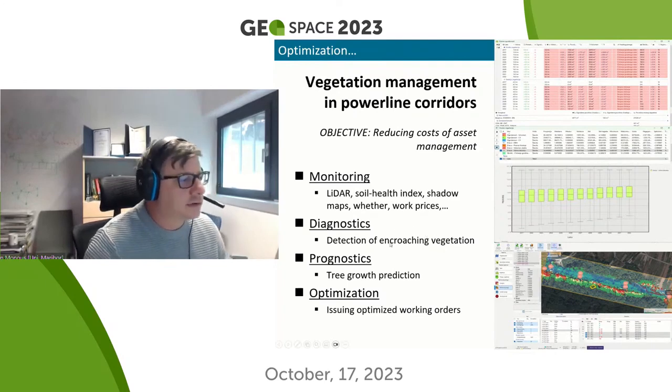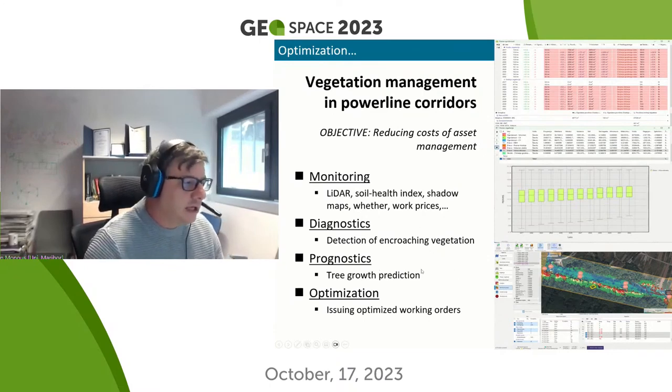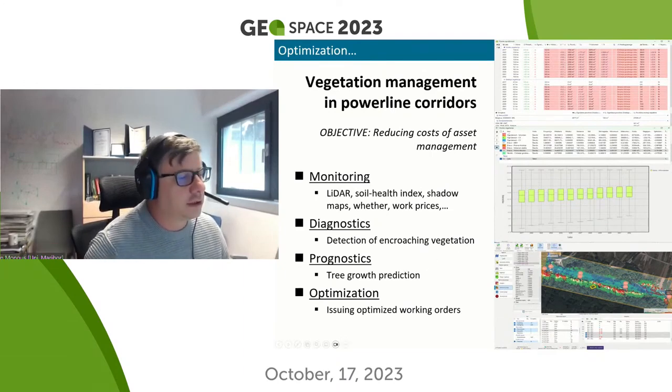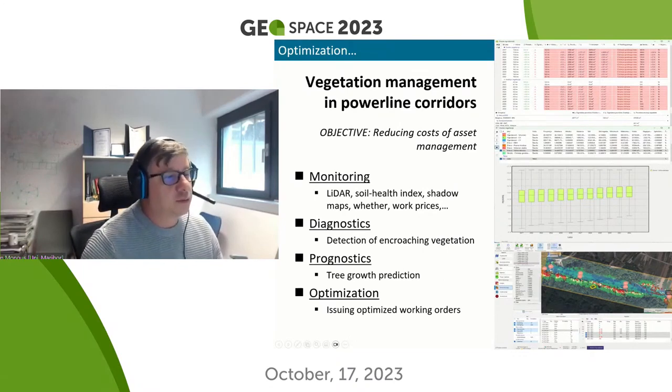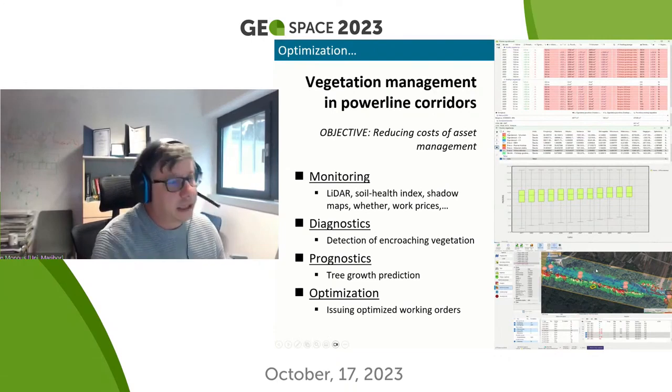This data is then also fed into the tree growth prediction system, which is tuned based on that, so we can then do the predictions for the tree growth for the next couple of years, and based on that, produce maps where there will be some critical event or where there will be some danger or hazard in the next year.